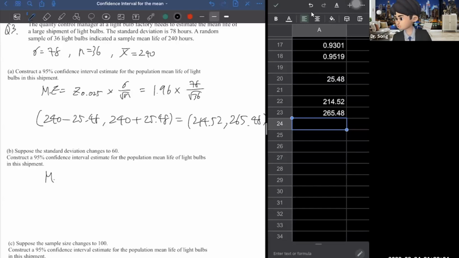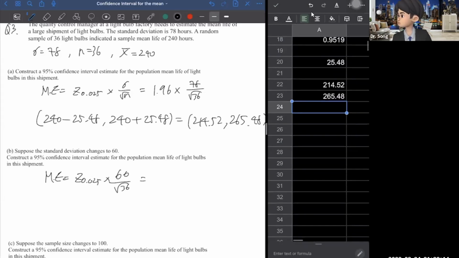Then margin of error, z 0.025, sigma over square root n, but sigma is 60, and over the same sample size, square root 36. So let me calculate this one. This z is 1.96.